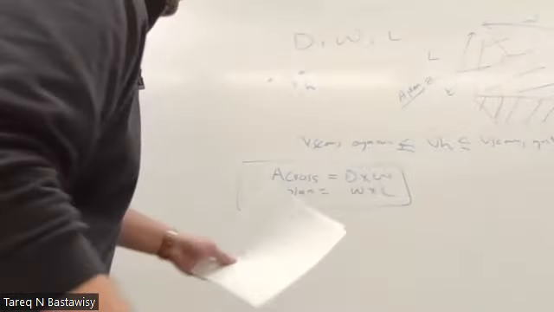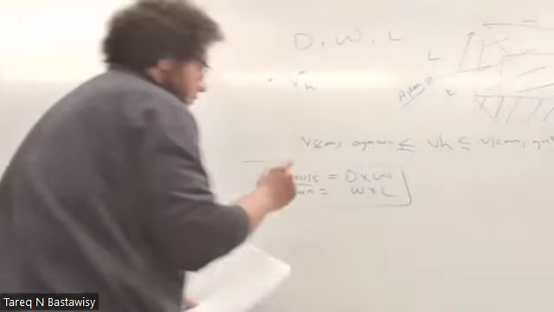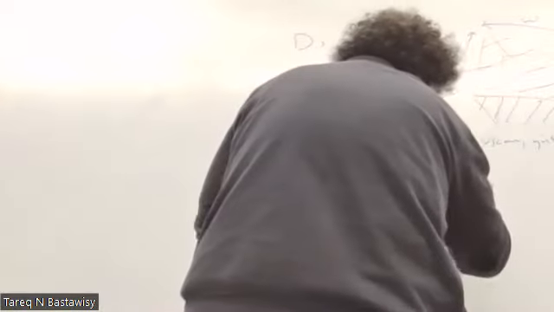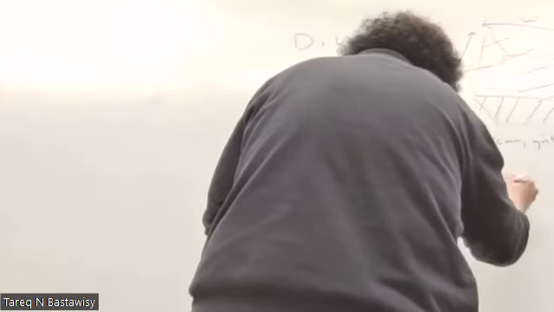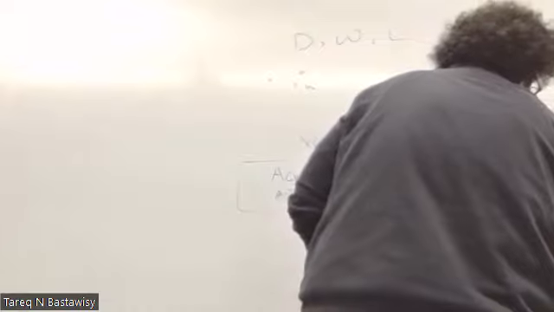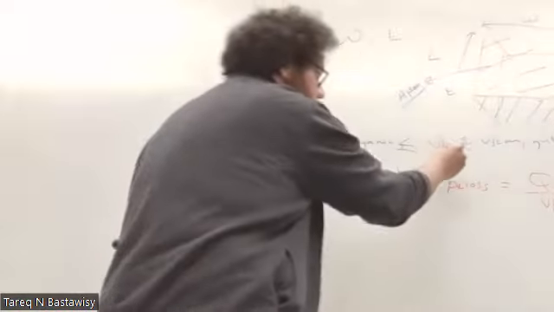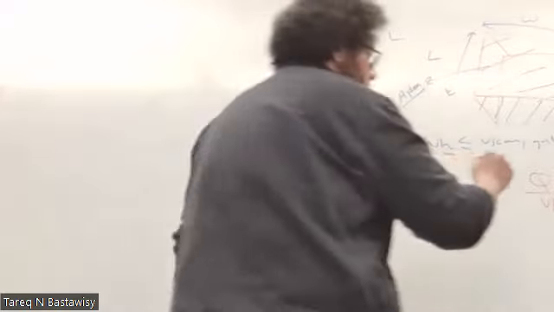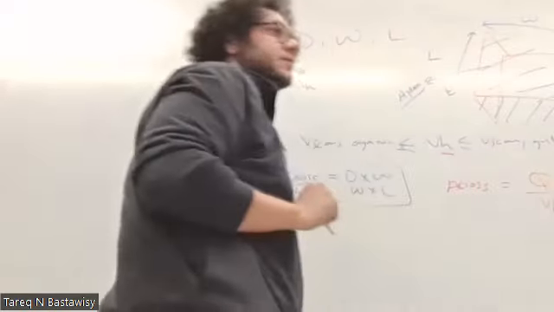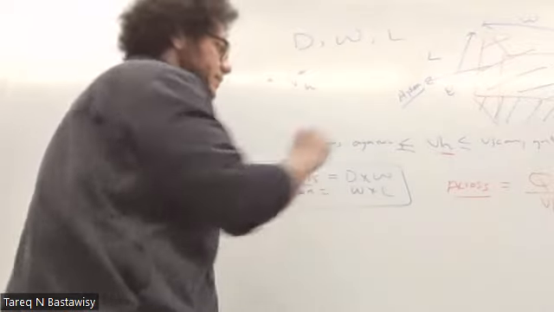So here we have two things, the A cross. So what is A cross? A cross is equal to Q over VH. We found VH here. We know what Q is based on our question. We can find A cross. So that's the area.